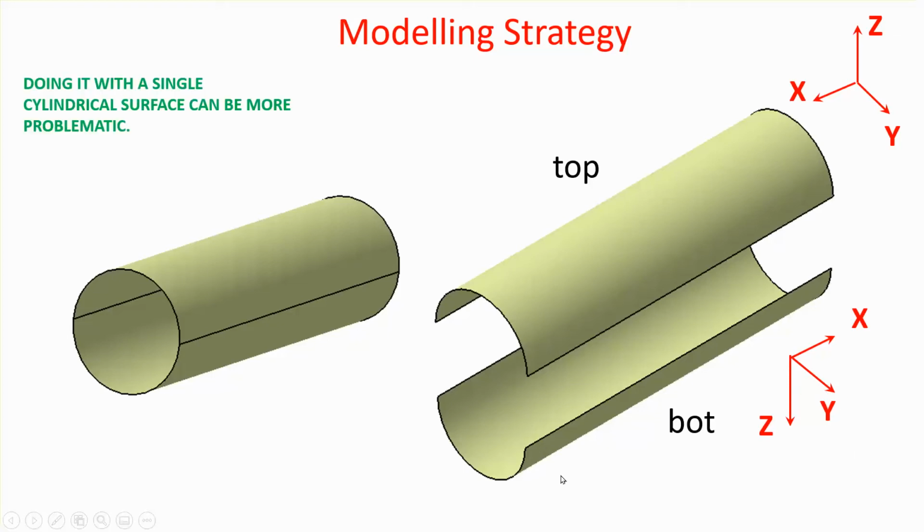Now, you might say, well, can we not do it for a single cylinder without splitting it up into two? Well, it is going to be problematic. I'm not saying it's not possible, but it's going to involve a lot of work. And in some other software, such as ANSYS and Abaqus, this can be done without any difficulty, but I could not get it to work in a reasonable length of time with a single surface.